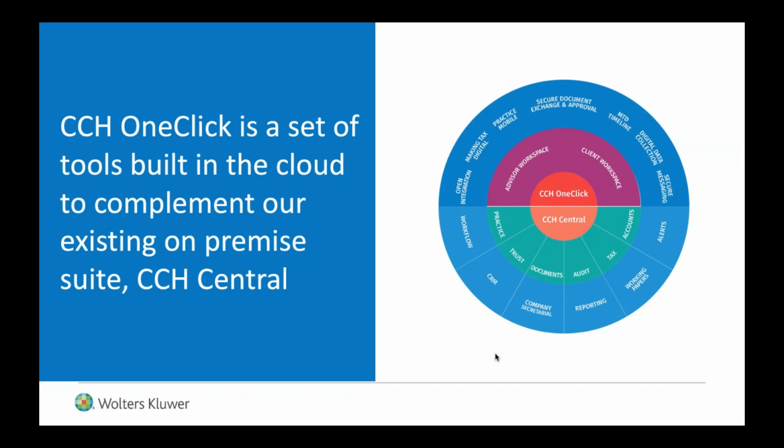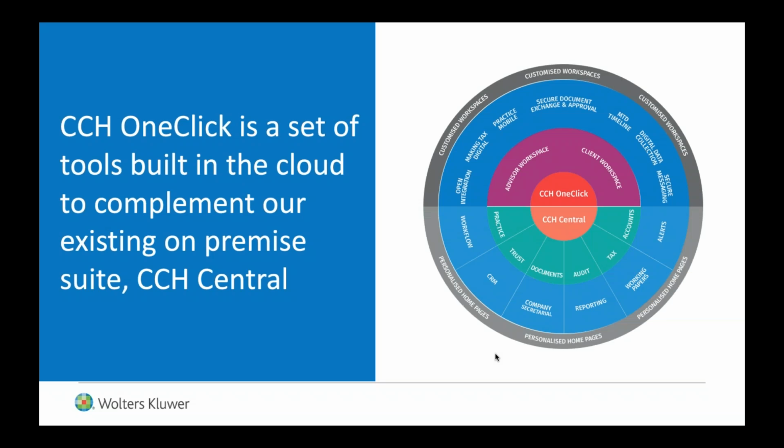Each workspace delivers functionality which works with CCH Central to enable your practice and your clients to work in a more efficient manner, more collaboratively, and to enable the flow of digital data from third parties through to the end product, whether that's producing the accounts or the tax return or something to do with making tax digital, which we'll be looking at a little bit later on, or secure exchange of documents and messages. And it's these aspects that I'll be focusing on today.